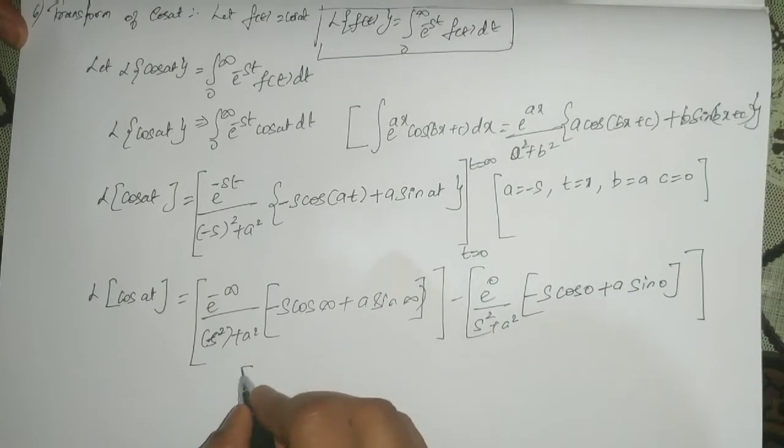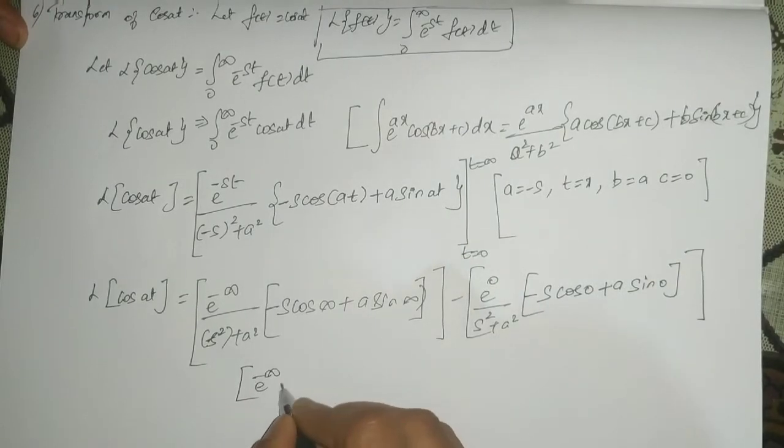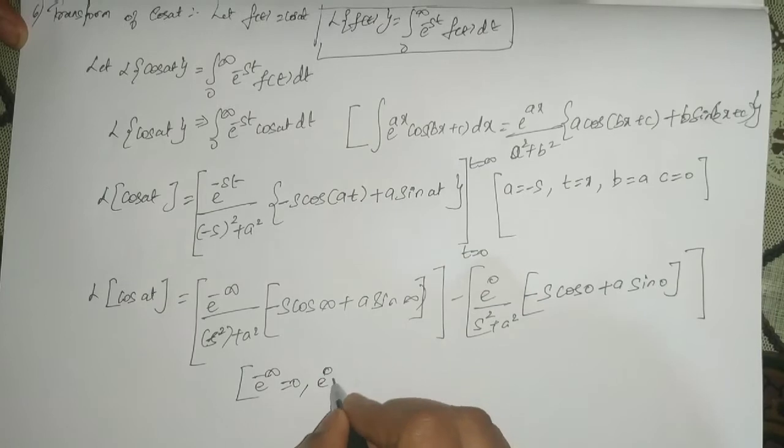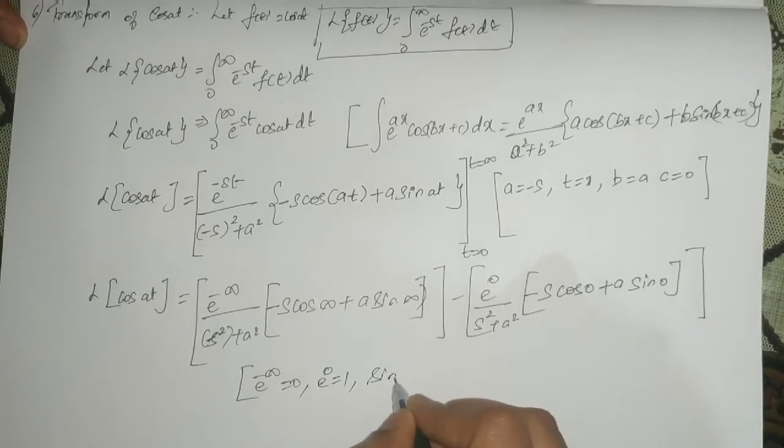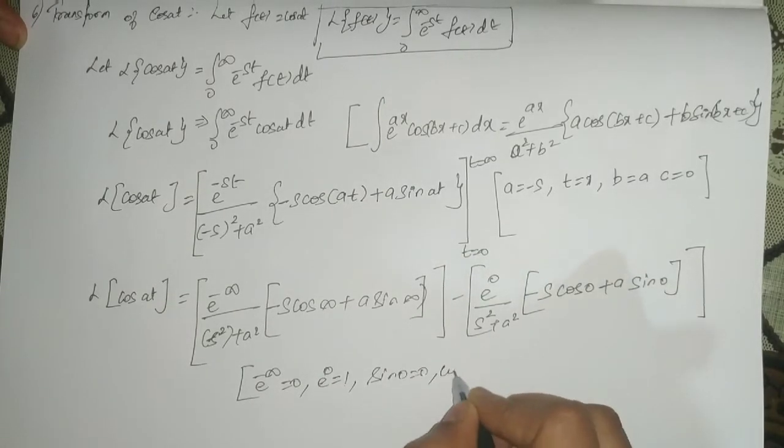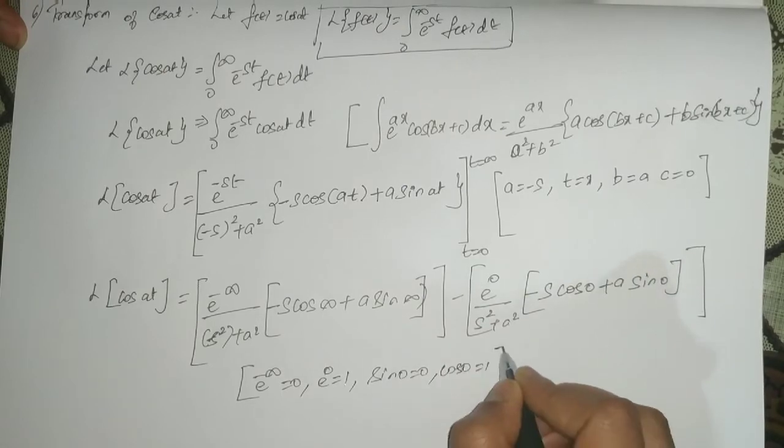We need to know e power minus infinity is 0, e power 0 is 1, sin 0 is 0 and cos 0 is 1.